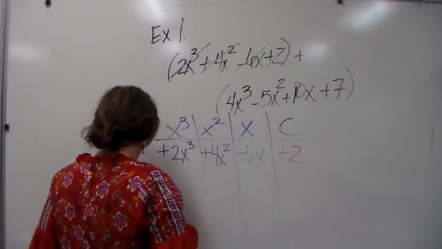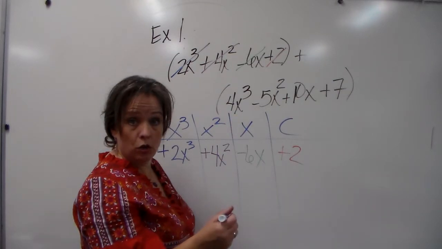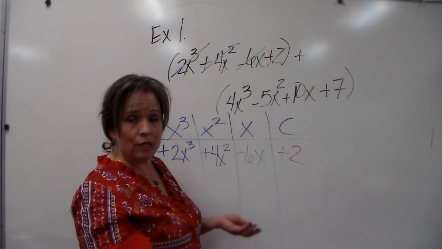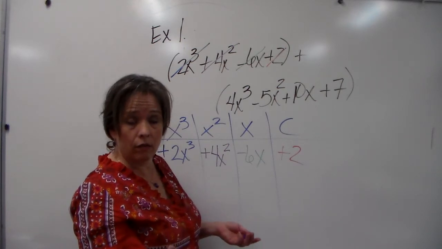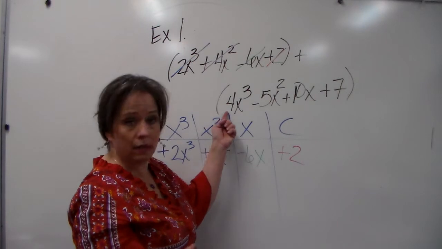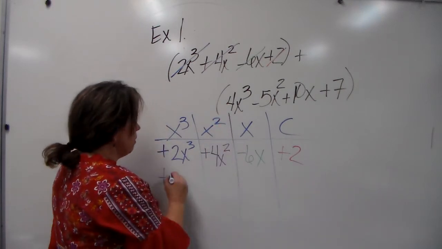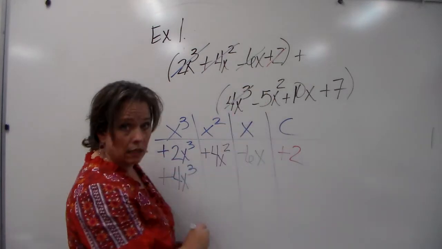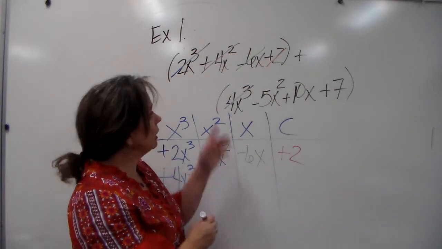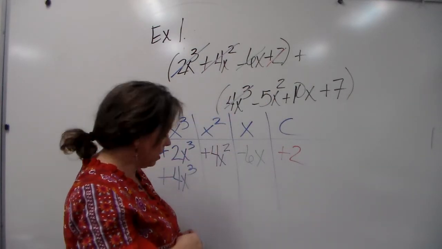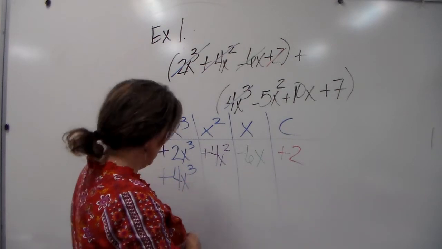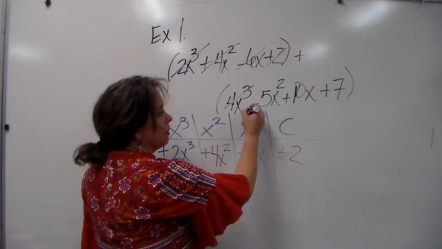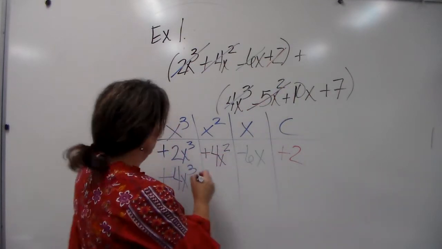So we're back with our x cubed terms, and this is a positive 4x cubed. We don't see the sign when it's a positive for that first term, but it is a positive, okay? So we write 4x cubed here, and of course, as soon as it's in our sorting columns, we need to line it out or eliminate it from here so we know where we're at, okay? Our next term is a minus 5x squared.